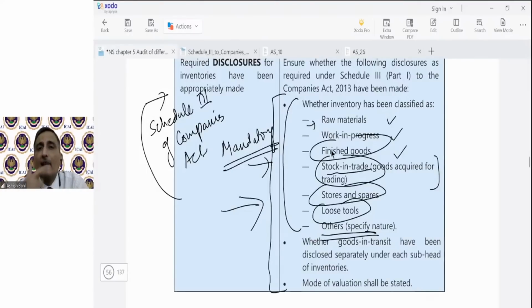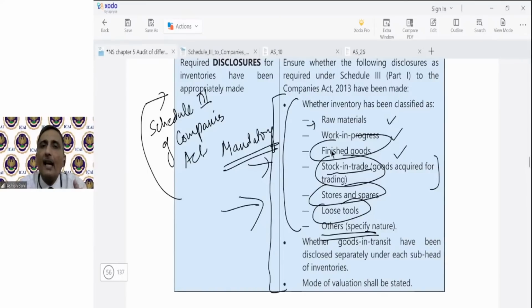So you can take those things which seem to be easier to you first. Say if you are clear about inventories, you know what the nature of this item is. Everybody knows what are inventories. You understand the meaning of inventories clearly.